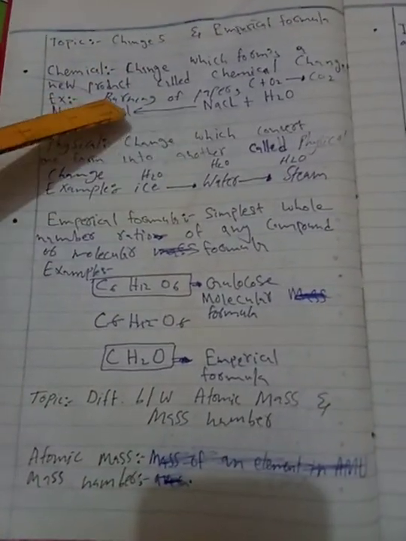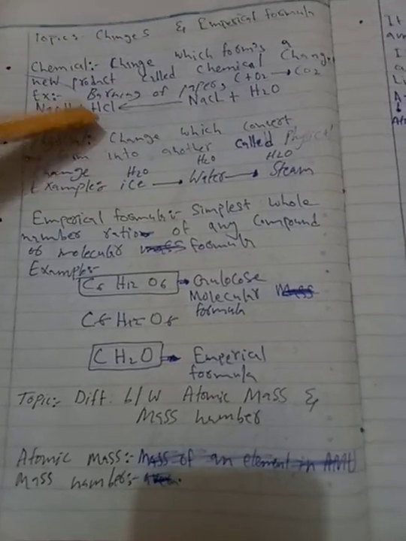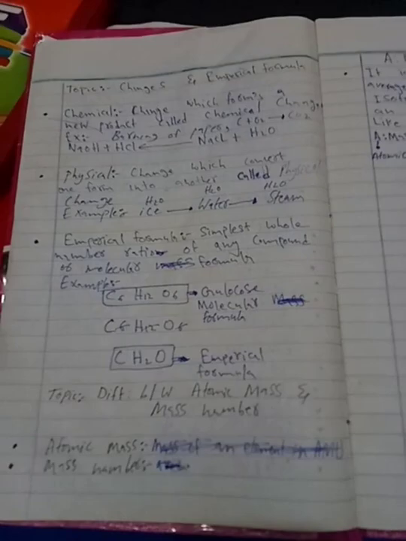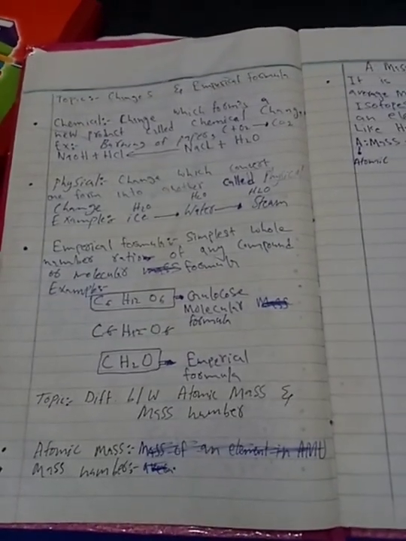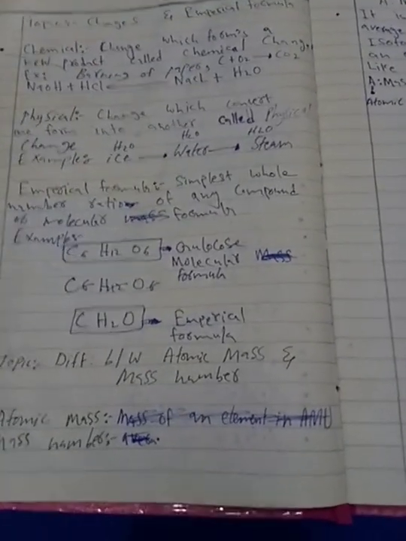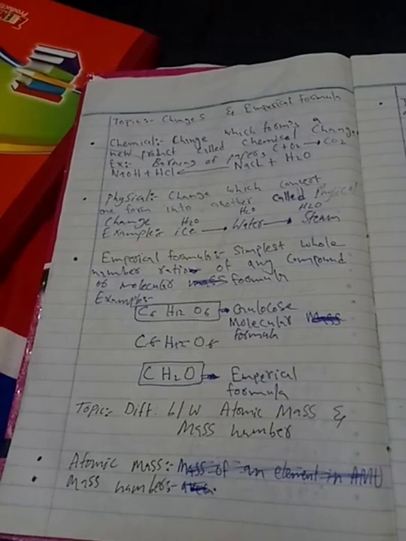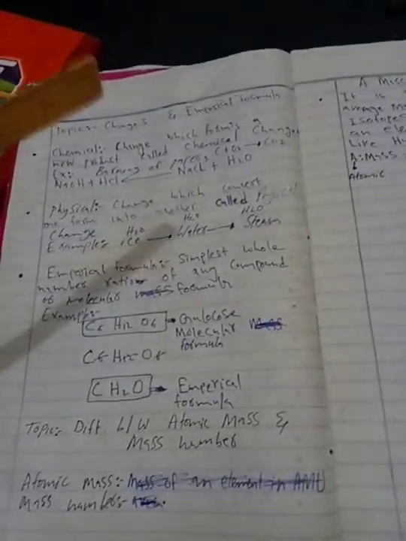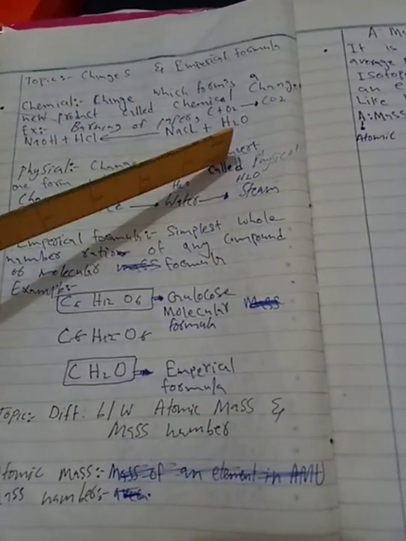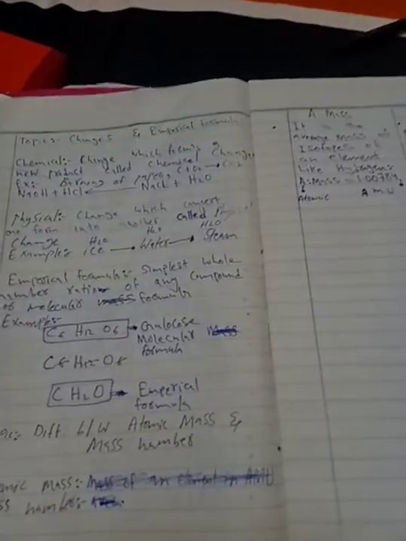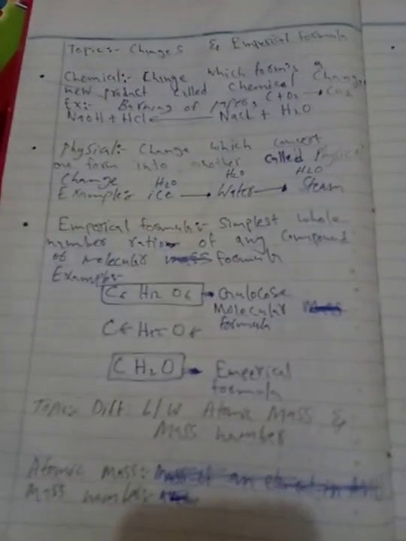So here we have examples of chemical change. Burning of paper is a chemical change, because of the combustion reaction: in the presence of oxygen, paper burns. Then we have carbon plus oxygen equals CO2, which is a gas.